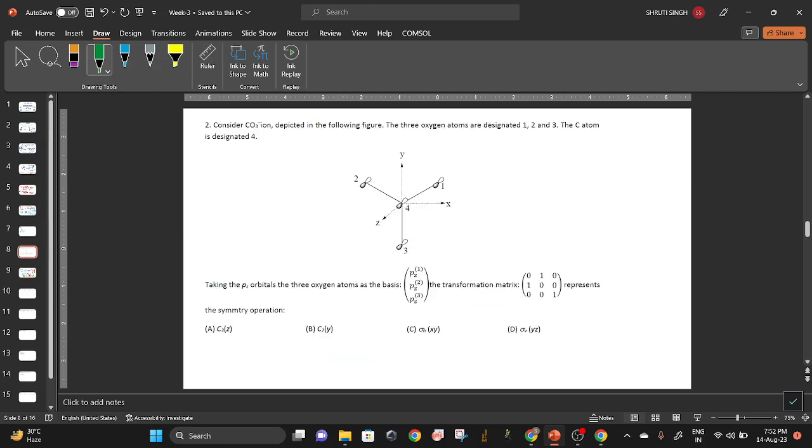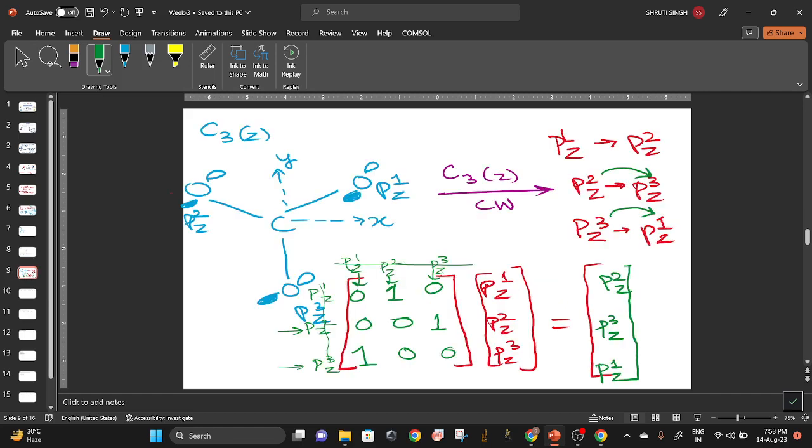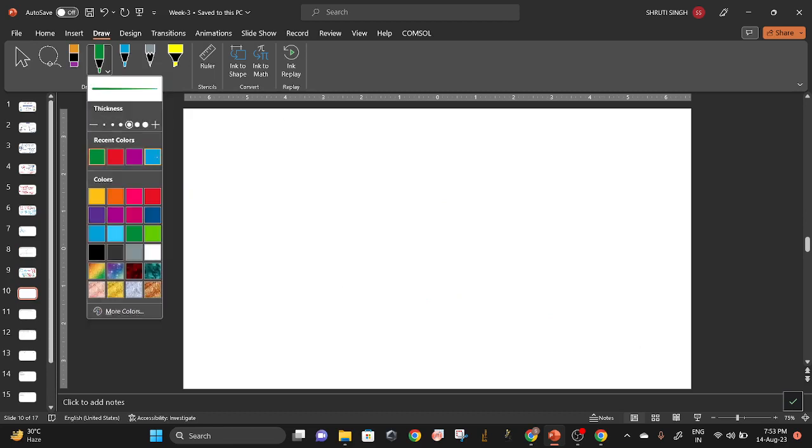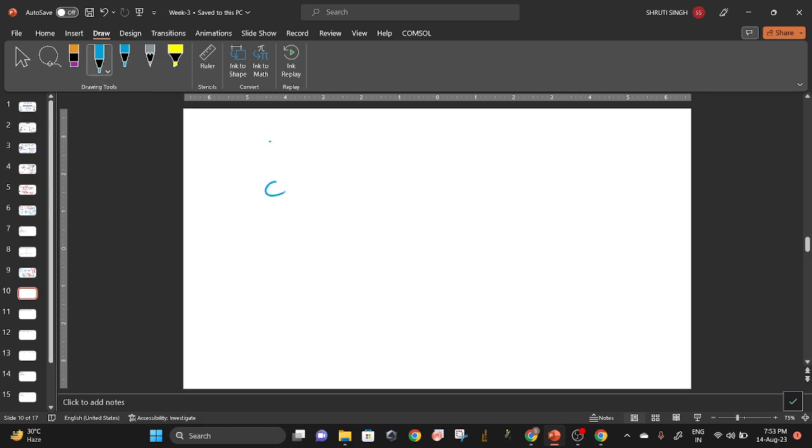Now the second option, C2y. Now we have to put a C2 along the y-axis. Okay, so let me draw this one. This is carbon. This is the y-axis along which I have to put C2.